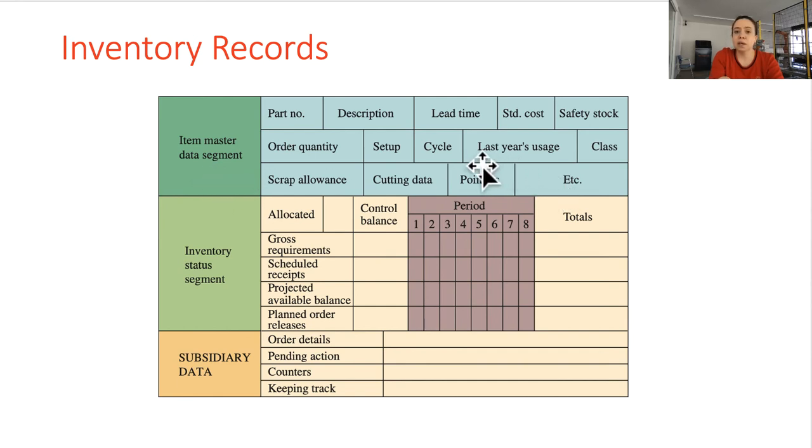Here we can have the description of the component, lead time, safety stock, setup, and the order quantity, which are all kept in this part. Here we have the inventory status segment. Here we have the inventory of that component, and we can also have extra data in these records. This is also an important input for the MRP systems.